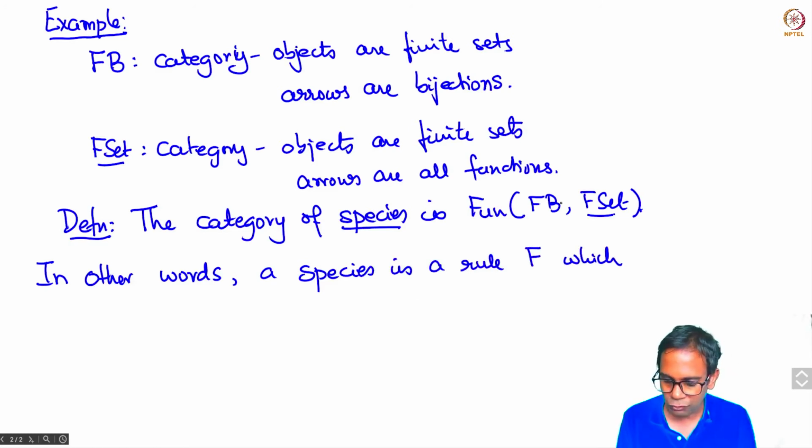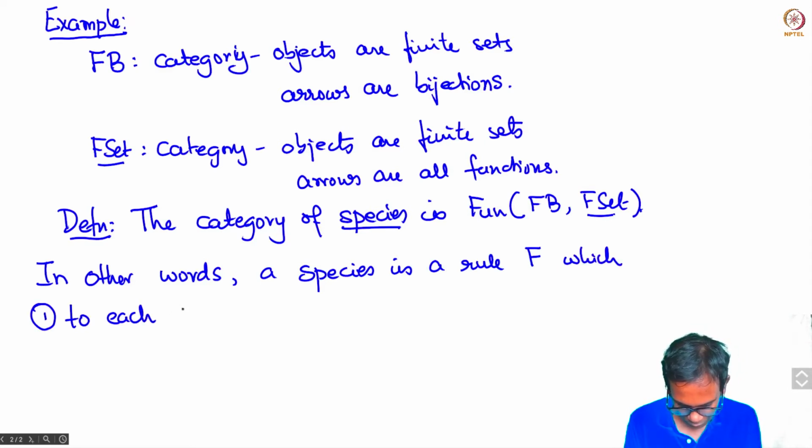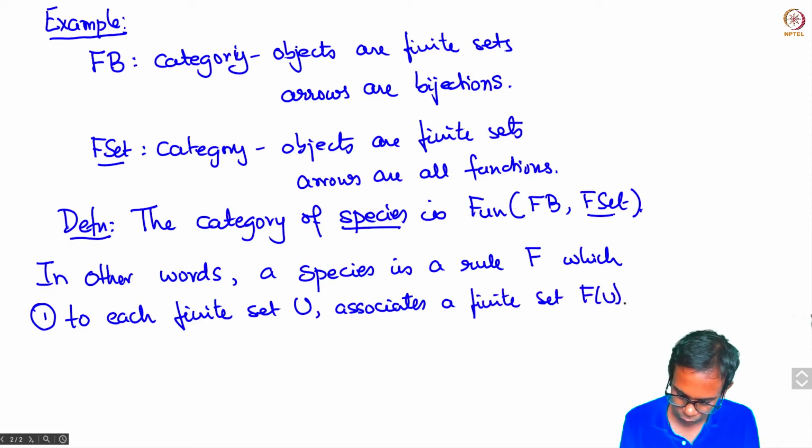Firstly, to each finite set, it must associate another finite set. To each finite set U, F associates a finite set, which we'll call F of U. Okay, that's at the level of objects.